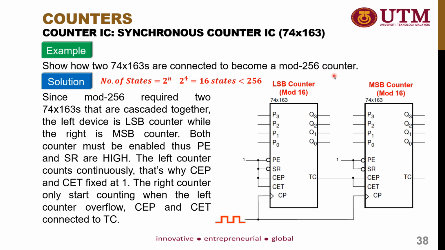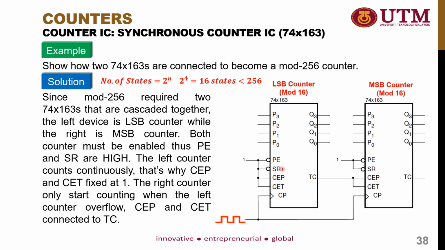In this question, it doesn't mention a custom starting value for counting, so generally you don't have to put any input at P3, P2, P1, and P0. Next, the LSB counter is mod 16. In order to operate as mod 16, you need to disable the PE input, because we don't want the counter to start from any custom input.